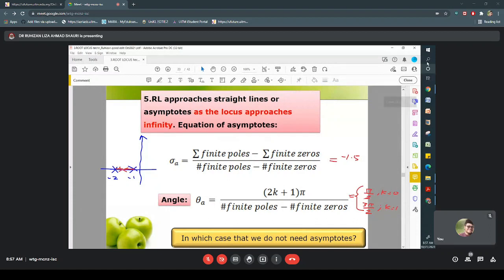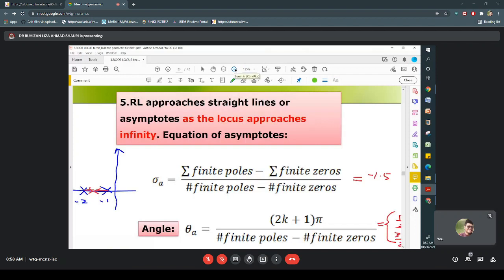I will use green color. Okay, make it bigger. I hope that you can see that. Now minus 1.5, pi over 2 and 3 over 2. Can we draw? Yes, can. Where is my minus 1.5? It is exactly in the middle.